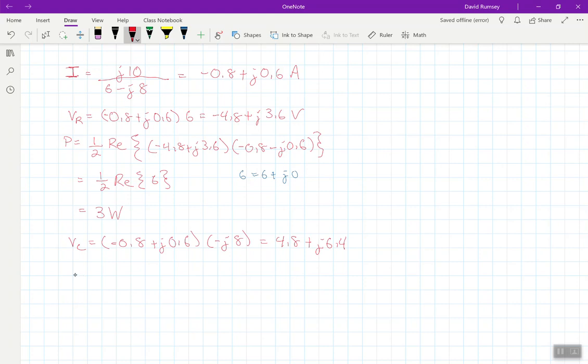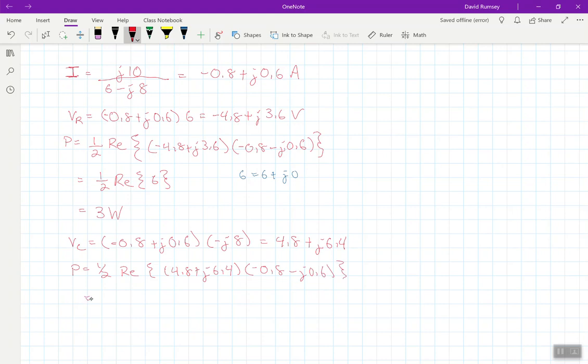And then if I try to compute the average power, I get 1/2 the real part of my voltage, 4.8 plus j6.4, times my current conjugate, negative 0.8 minus j0.6.